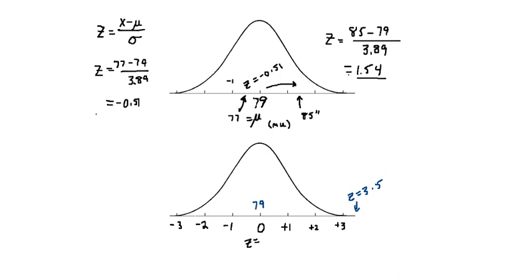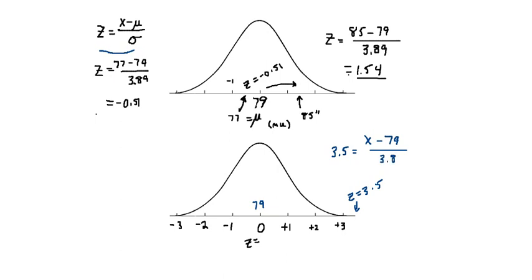Well, remember, let's use our formula up here. But this time I know my z-score. I know that 3.5 corresponds to a z-score found by taking some value of the variable x minus the mean of 79, divided by 3.89.